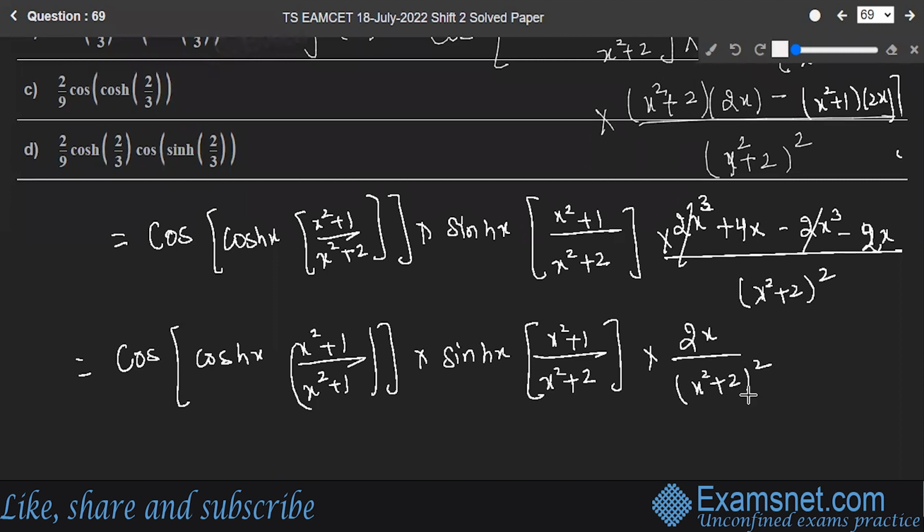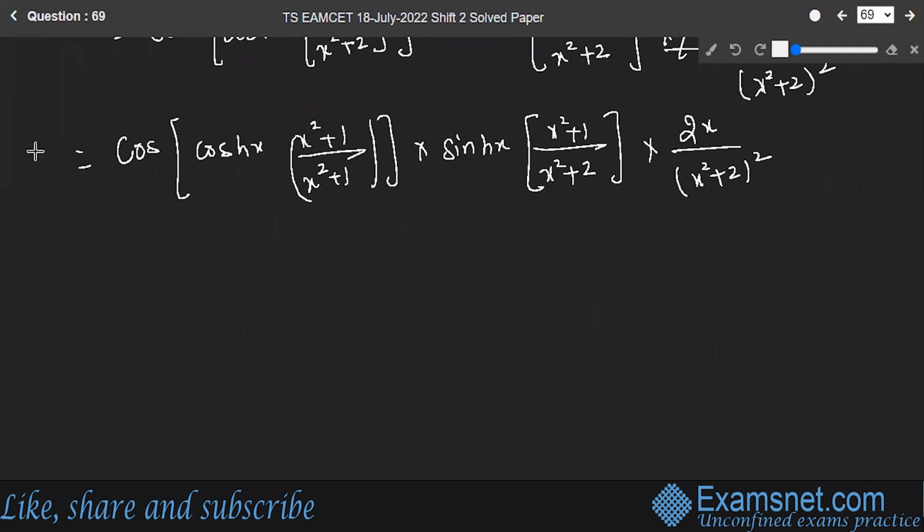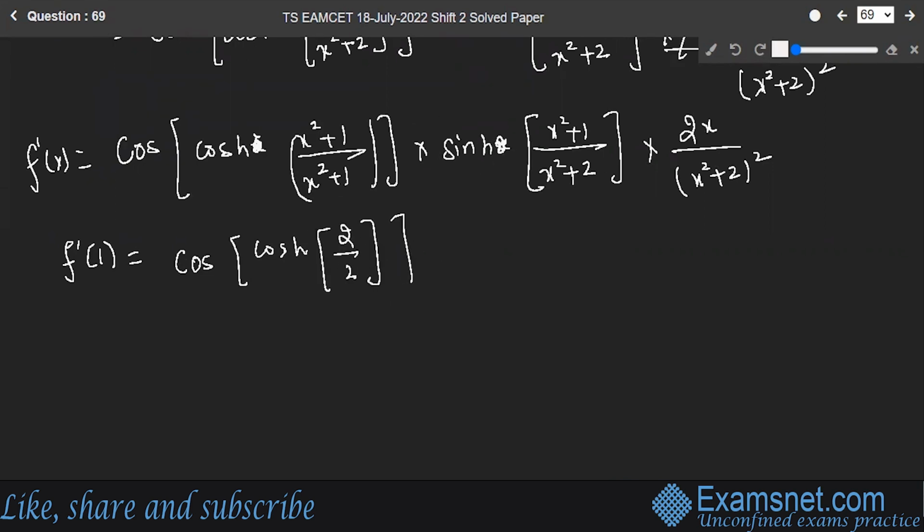Now we have found the derivative. You have to find out the first derivative when x is equal to 1. This is equal to f dash 1, which is equal to cos of, sorry, this is not x. Okay, out of just habit, I wrote x over here. So this is going to give me 1 plus 1, 2. 1 plus 1, 2.